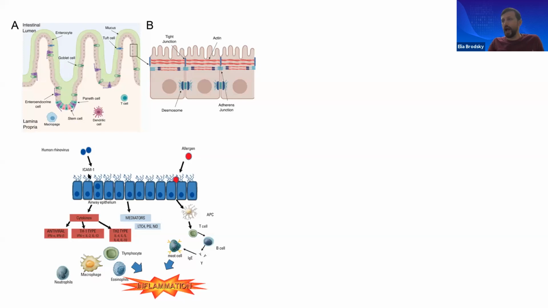Okay, so you can see ICAMs are these receptors on airway epithelium, and they also are receptors for human rhinovirus. And here you can see that, again, remember, enteroviruses, the word entero comes from, they enter the gut, and rhinoviruses typically infect the respiratory system. And so here we can see this.